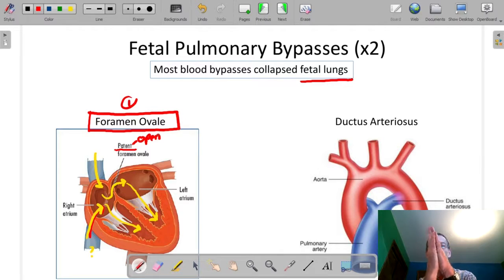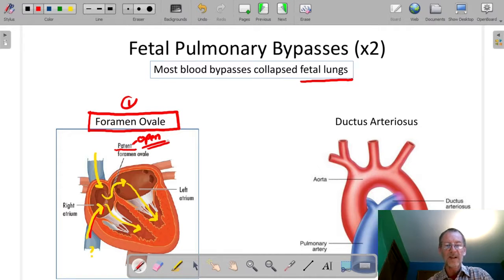That's how it's normally supposed to work. If the flaps don't close and blood can still leak through that foramen ovale, then it's said to be patent. And after birth, that's a problem. Before birth, in utero, that's what you want, to have that foramen open. So that's the foramen ovale.